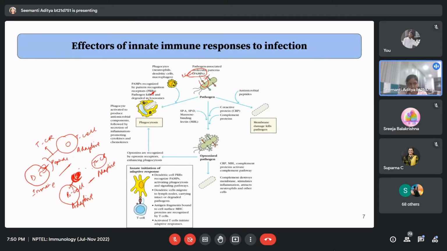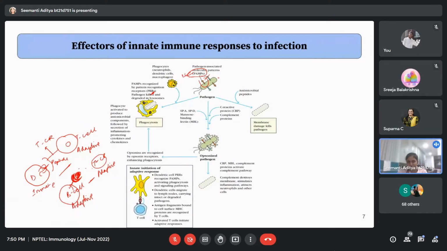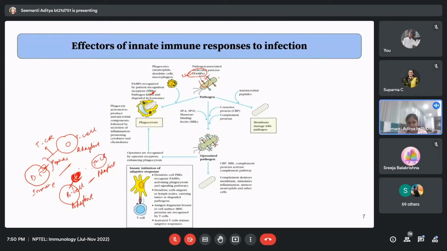Bacteria has the LPS layer, or any kind of layer that is not normally present in our human system. So whether it is recognizing just the PAMPs or LPS and everything, I am not sure about that. But I'll need to check. Maybe in the next class I'll answer that.